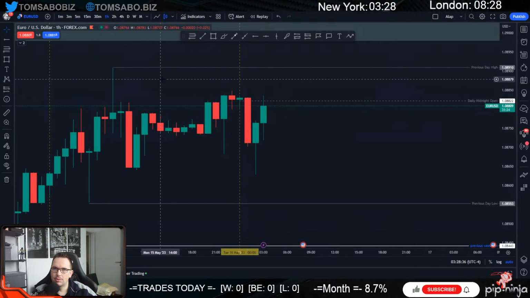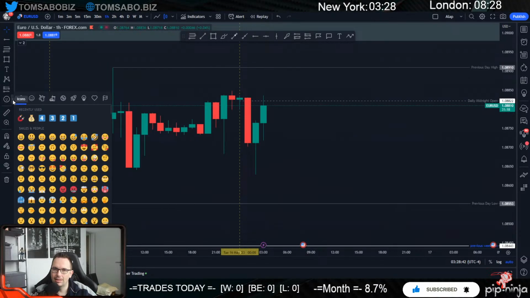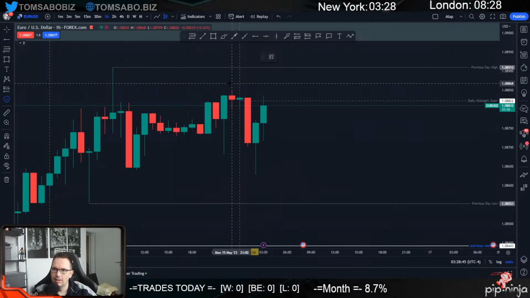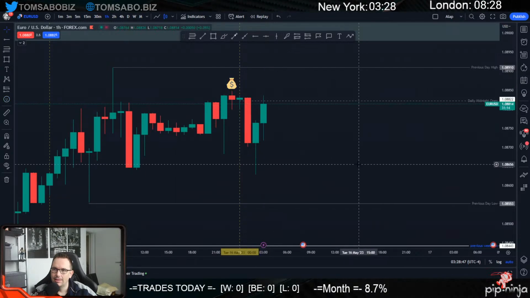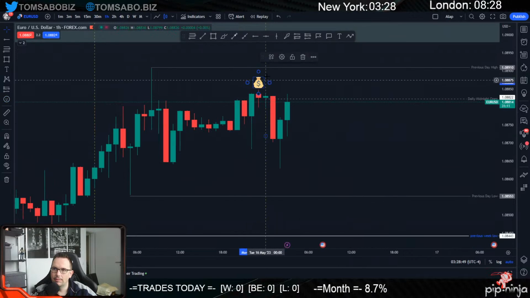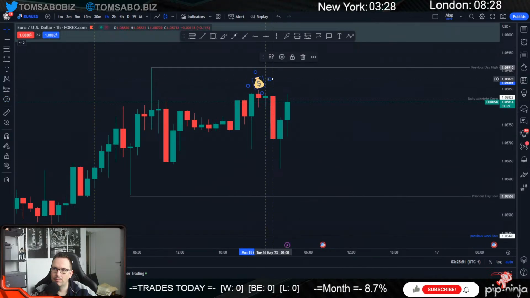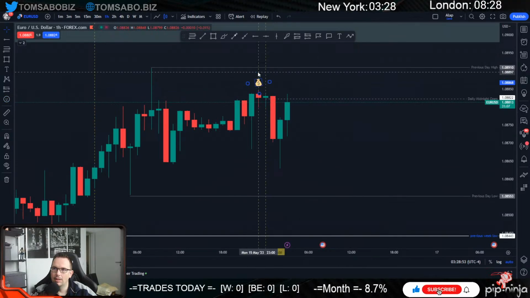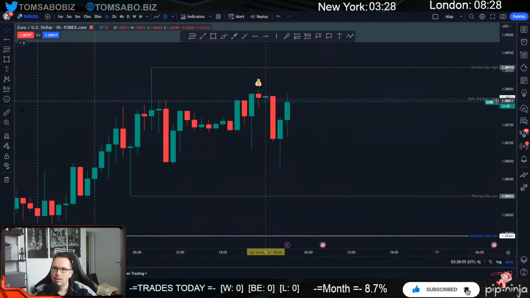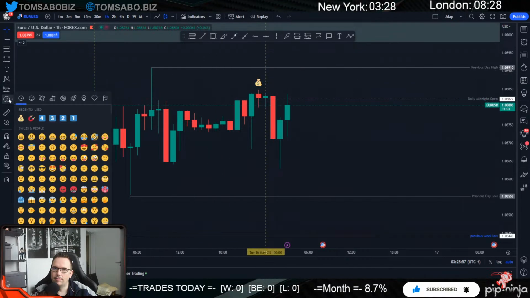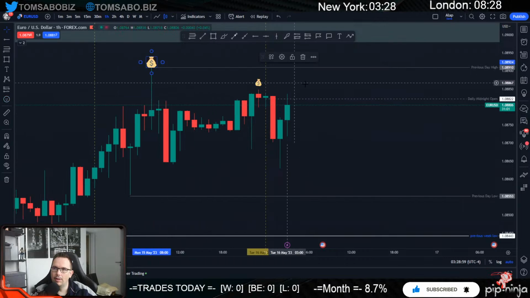This one is the euro dollar. I would say we have liquidity here to be taken out. Liquidity right there. And right there.